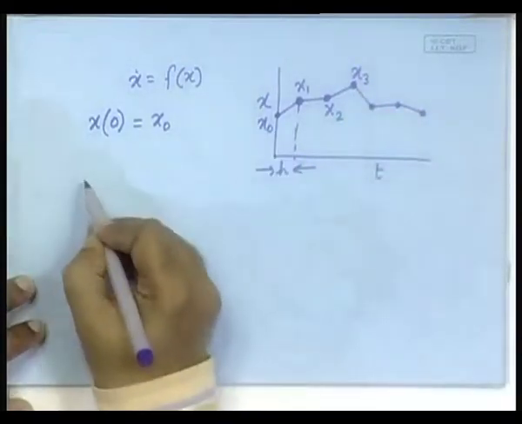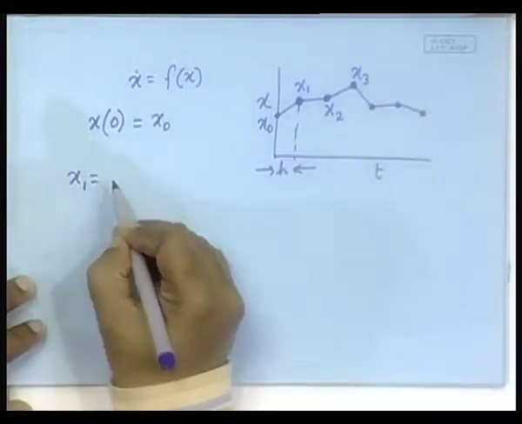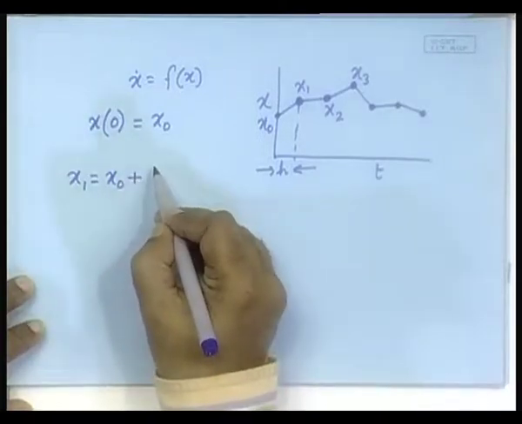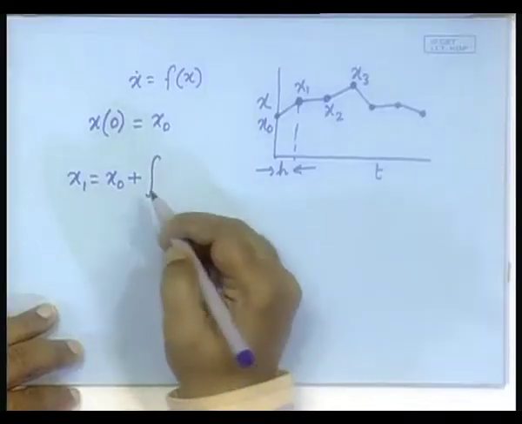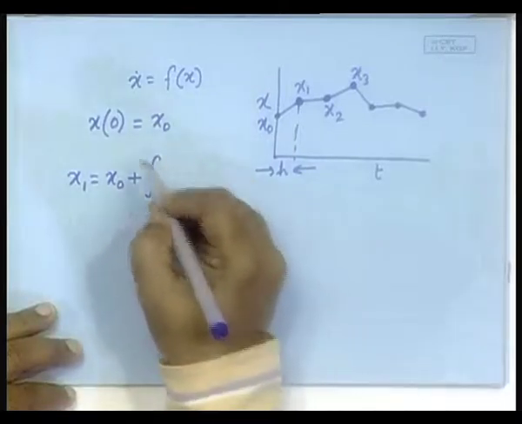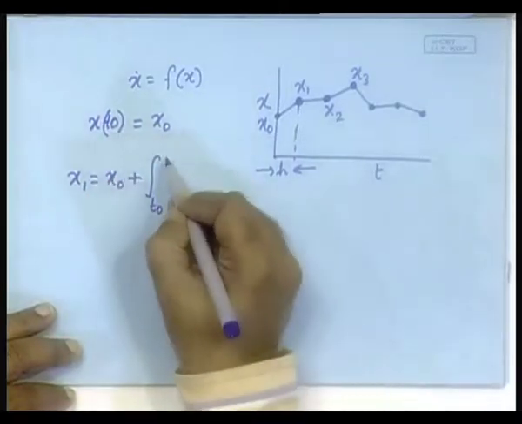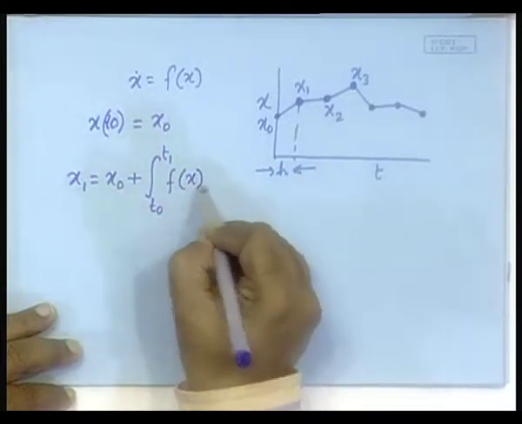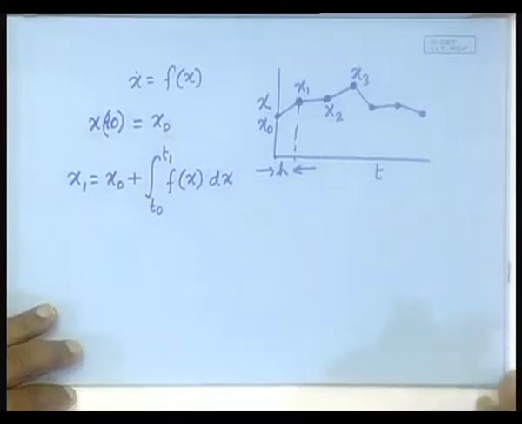So, x 1 is equal to x naught plus, ideally you would like to do the integral, starting from t 0, sorry, this would be t 0 to t 1 of f of x. This is what you want to do.